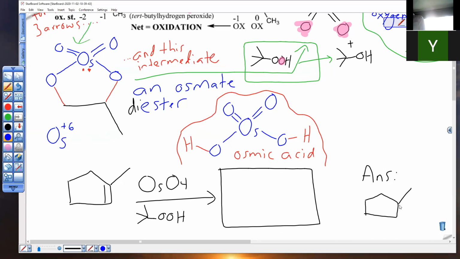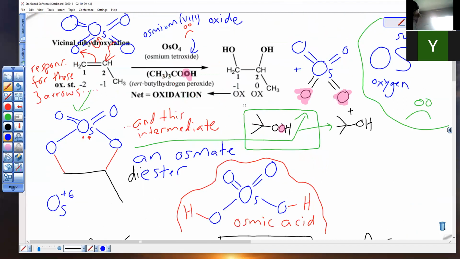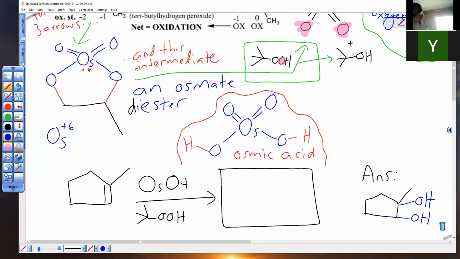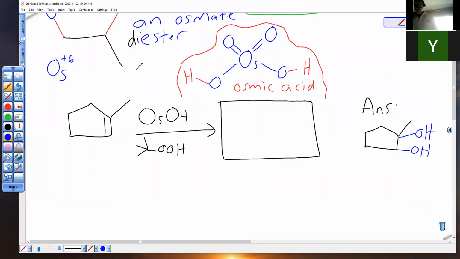Partial credit, half credit. You get half credit for that answer. You put the right groups on the right spots, but you did not indicate that you know what happens when all of the bonds happen simultaneously, that they end up on the same side of the ring.